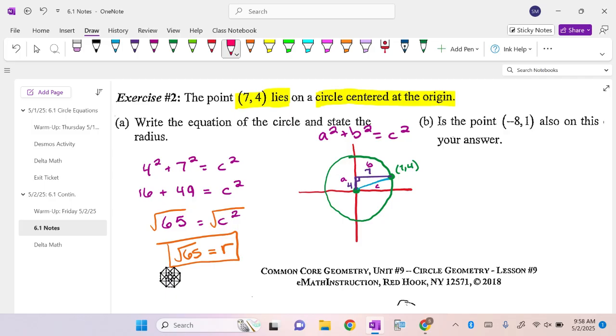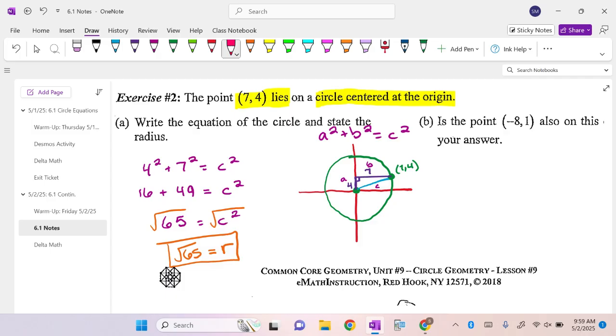So guys, it's just a simple plug and chug. You're just plugging it in here. If your center is (h, k) and your radius is r. So if it's at the origin and this is our radius, what's my equation of the circle? Close. You got the radius part right.